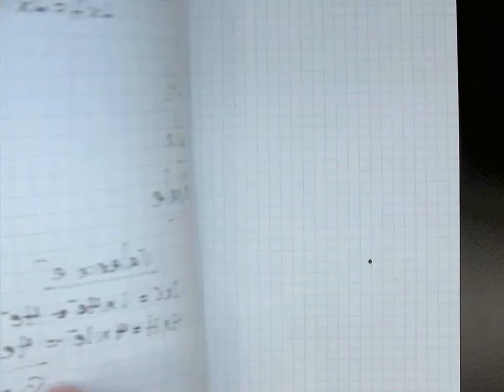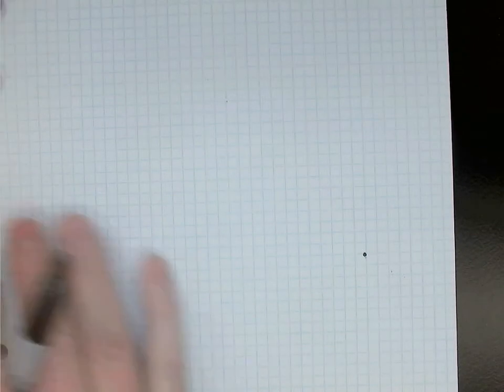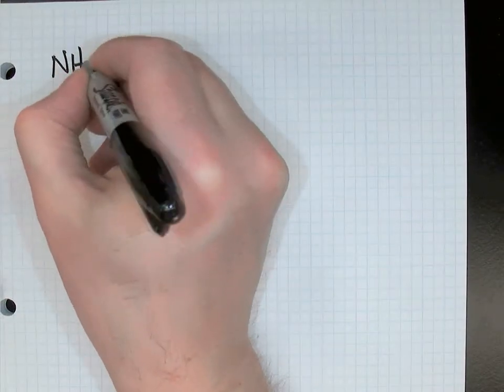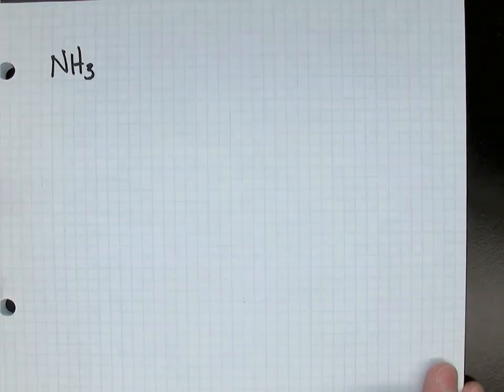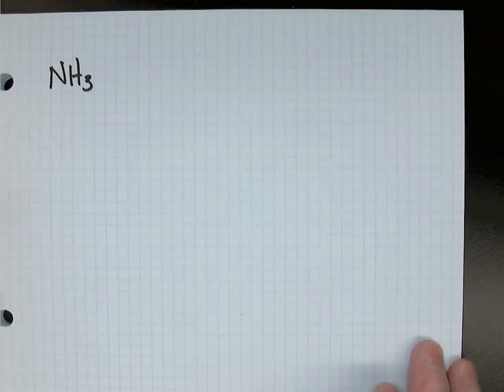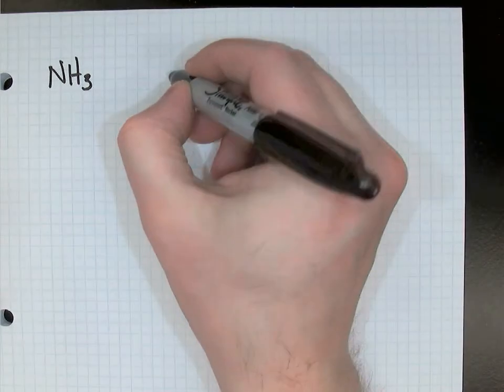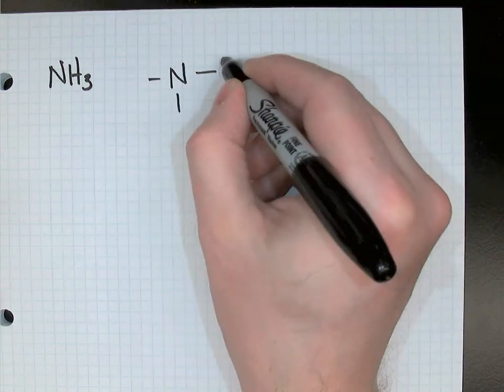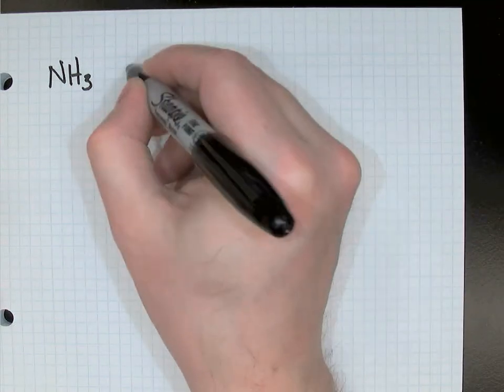Another simple example to start with as we look into Lewis diagrams would be the ammonia molecule, NH3. Why don't you pause the video and try drawing this Lewis diagram yourself. The nitrogen is our central atom, and I'll draw my 3 hydrogens connected like this.